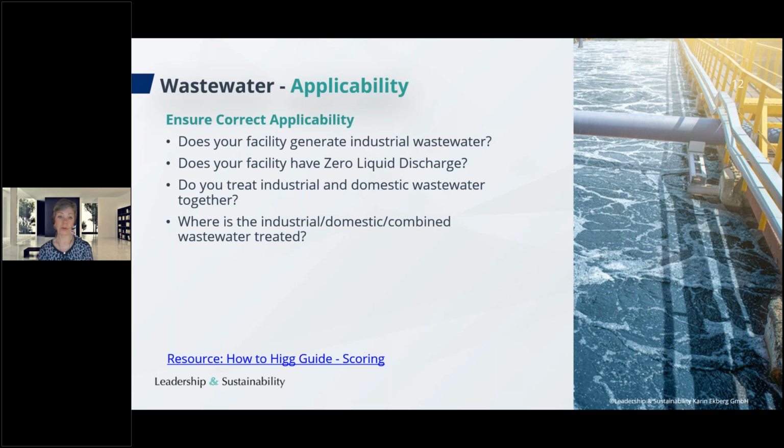Or you might have, for example, domestic wastewater treated on-site and industrial wastewater treated off-site. So, once you have responded to these questions, automatically the system will give you the correct questions that you need to respond to. And as you know, you can always go also to the How to Higg and have a look at the guidance and the support to understand each and every question.